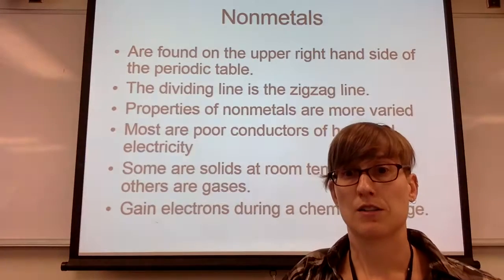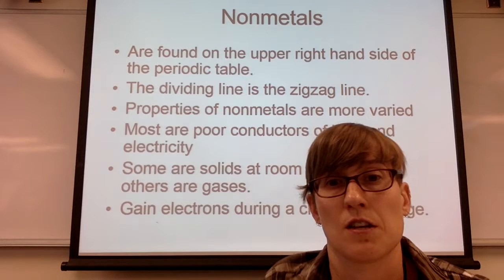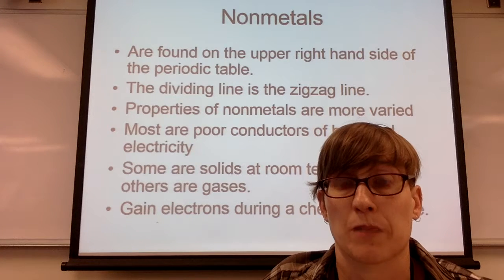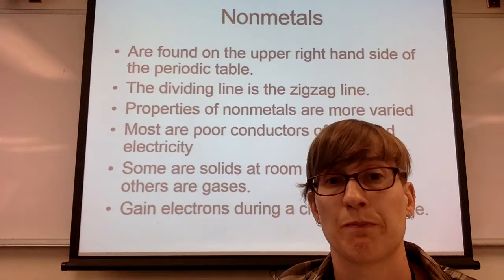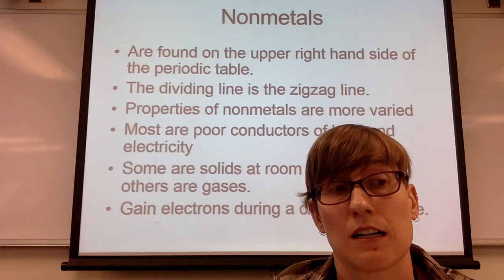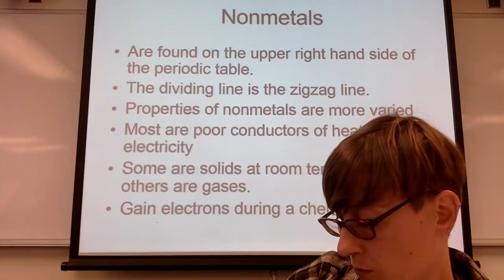And the thing about nonmetals is they don't have as consistent properties as the metals. Most of them are poor conductors. They're not good for using with electricity because they don't conduct the electricity. Let's see what else. They gain electrons through chemical reactions.